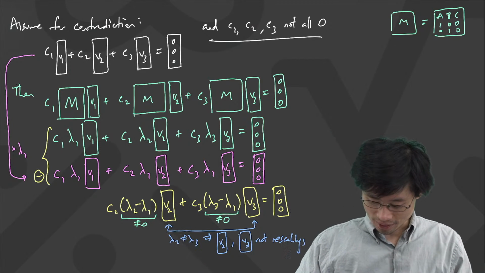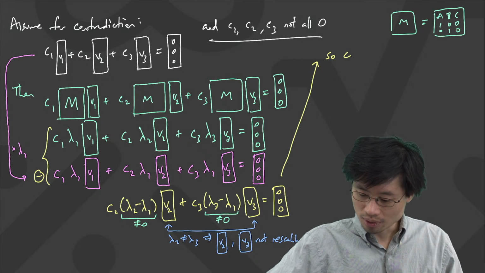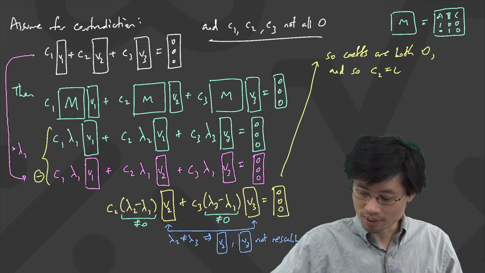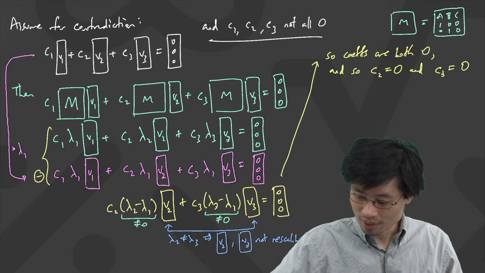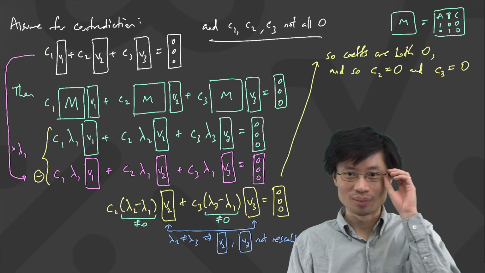So to finish this, the coefficients are both 0, and so C2 is equal to 0, and C3 is equal to 0. Now, if I know that C2 is 0 and C3 is 0, what else do I know?